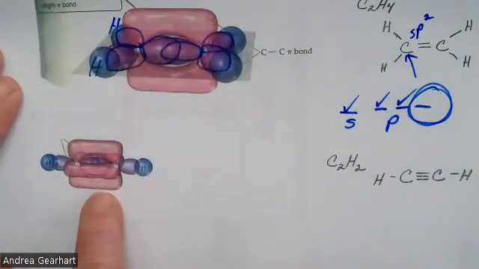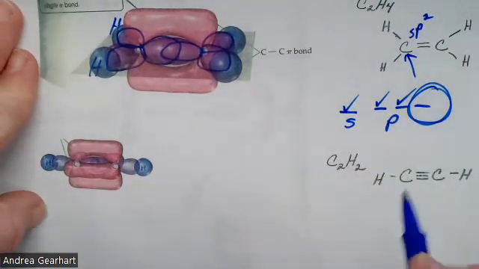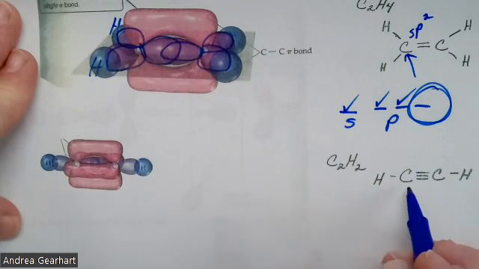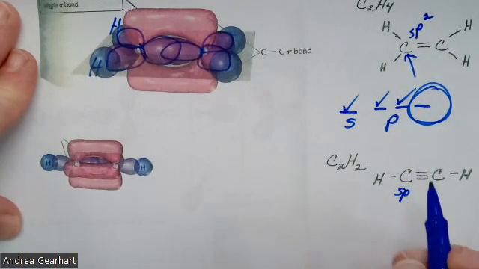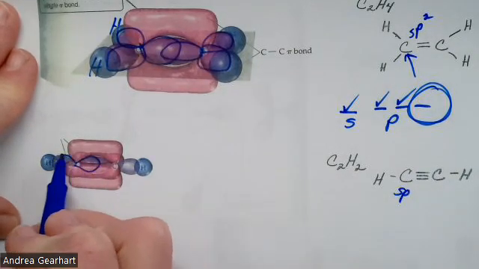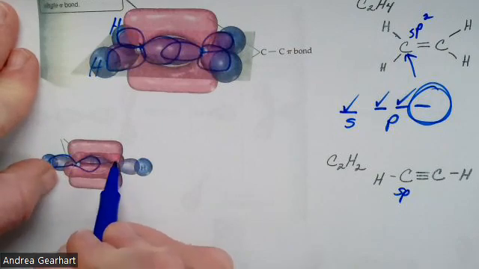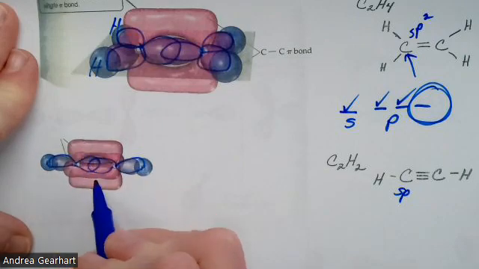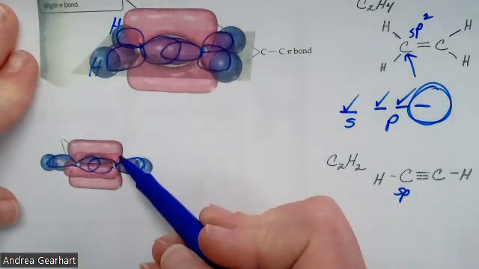Here is a representation of a triple bonded carbon. So it's only sp hybridized. There's the 2 hybridized orbitals on that carbon, the 2 on that carbon, and then a pi bond above and below, and a pi bond in front and in back.